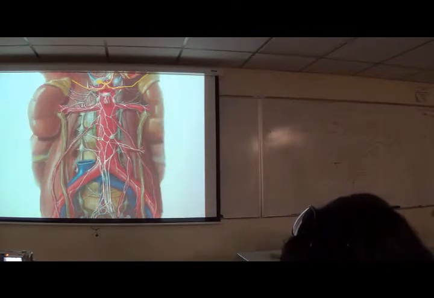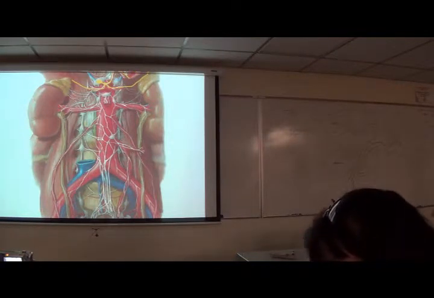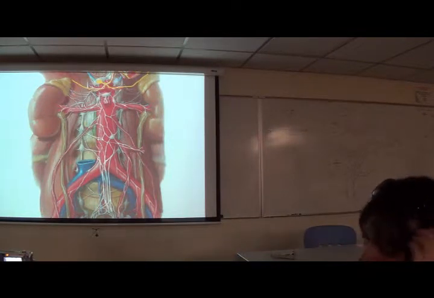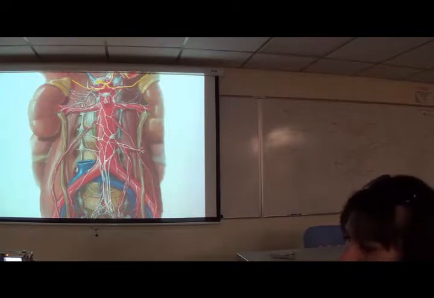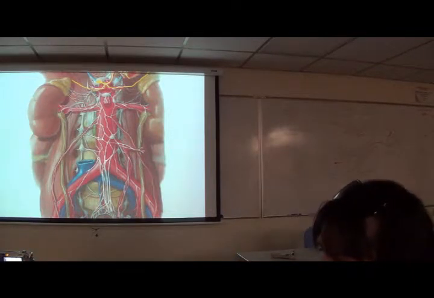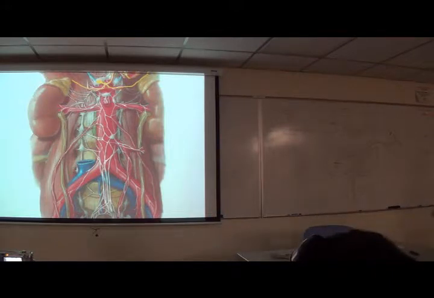Their postganglionic neurons, as you can see, are going to follow the blood vessels out to the organs that they provide innervation to. At this time, the vagus nerve is also going to join them. So when you look at it in a cadaver or a live human person, you wouldn't know which was vagus and you wouldn't know which was the sympathetic, because they're all traveling together, following the blood vessels out to the organ.